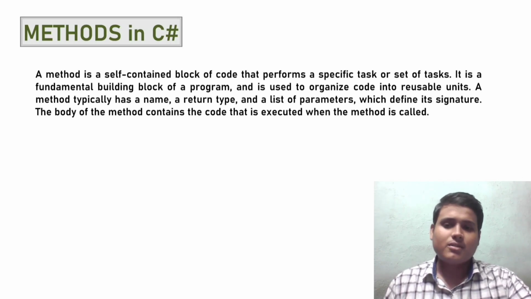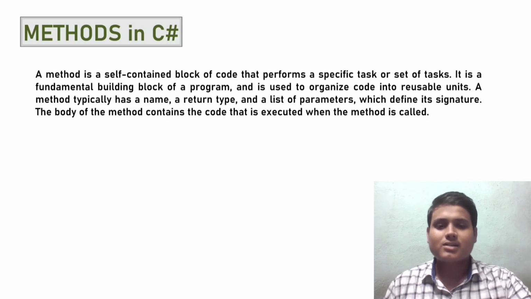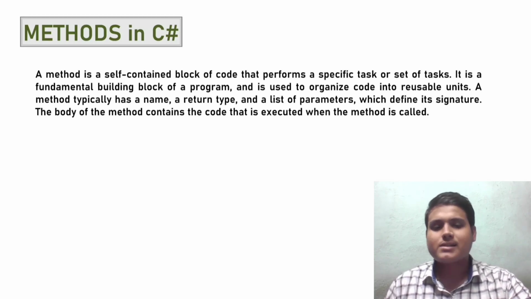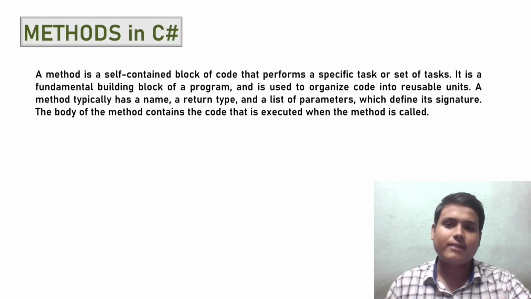The name is how a method is described by what it does. Return type tells us what kind of answer the method will give us, for example a word, a number, etc. Parameters are the inputs that the method needs to do its job. Body is the code inside the method that gets executed when we call it.